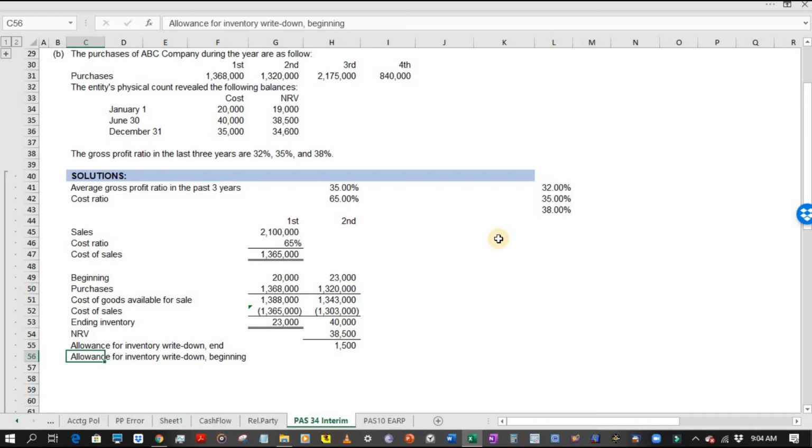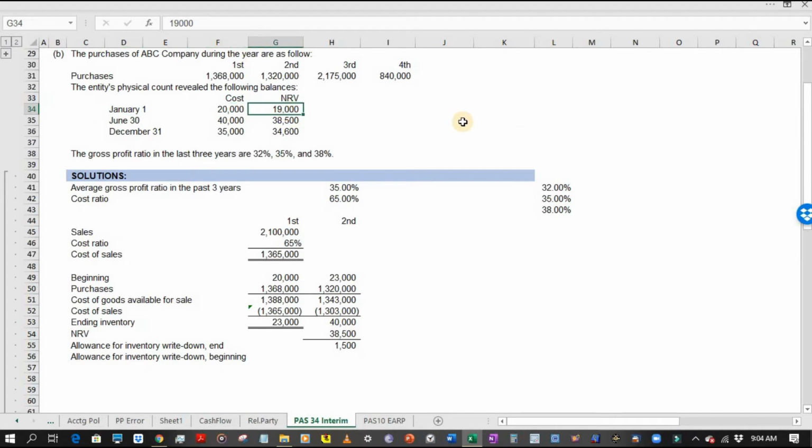And since the available data we have is the January 1 balance of the inventory, which has a cost of 20,000 pesos and a net realizable value of 19,000 pesos, it means that as of January 1, there is an allowance for inventory write-down balance of 1,000 pesos, which is the difference between the two. Again, the allowance for inventory write-down as of January 1 is 1,000 pesos. That is the difference between 20,000 and 19,000 pesos.